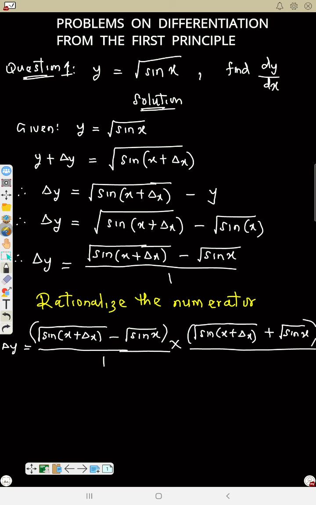Close the brackets. That is, we change this sign here to plus.